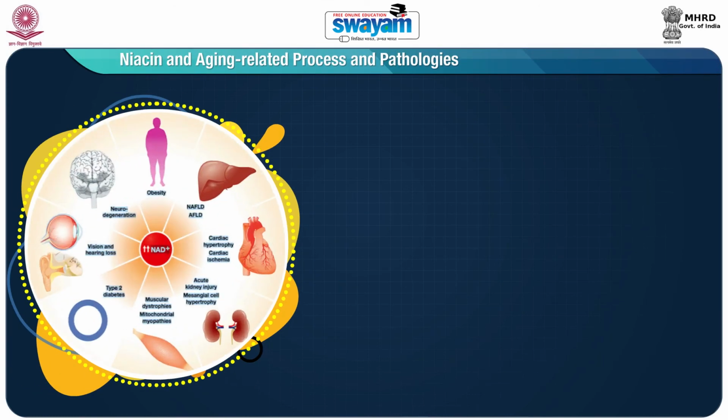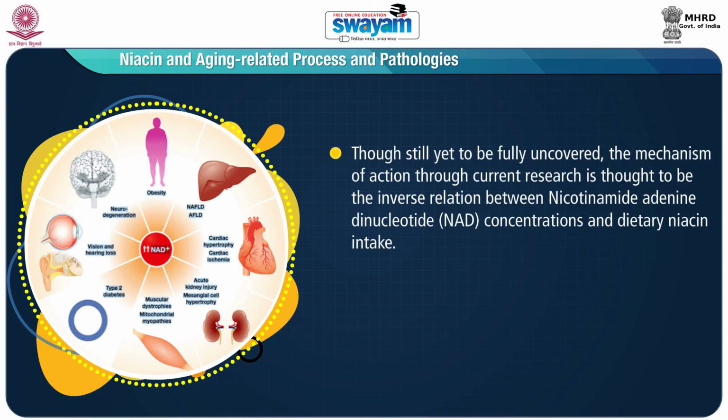Now, niacin and aging related processes and pathologies. Though still yet to be fully uncovered, the mechanism of action through current research is thought to be the inverse relation between nicotinamide adenine dinucleotide concentrations and dietary niacin intake.